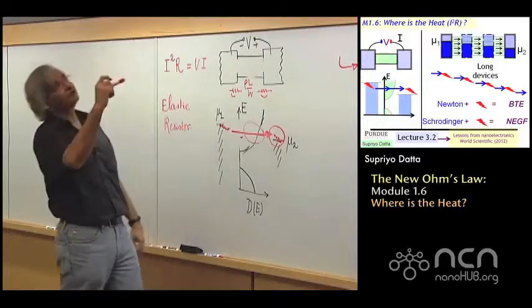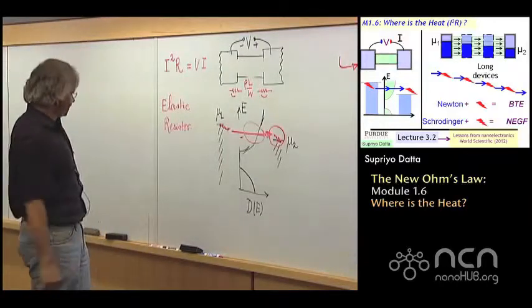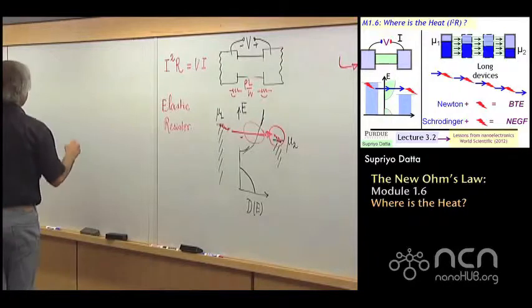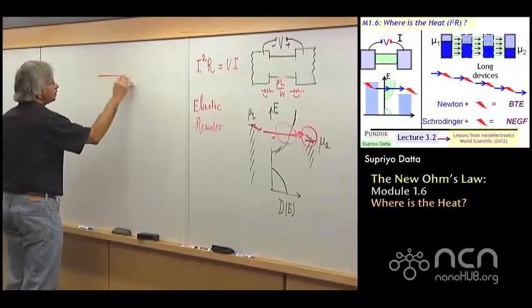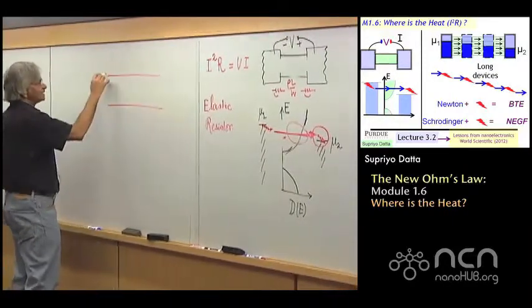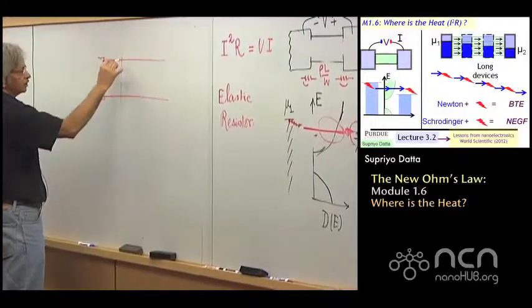Now that's what I've tried to indicate in the slide on the right, that when you have a long conductor, you could mentally think of it as if you had lots of short conductors.